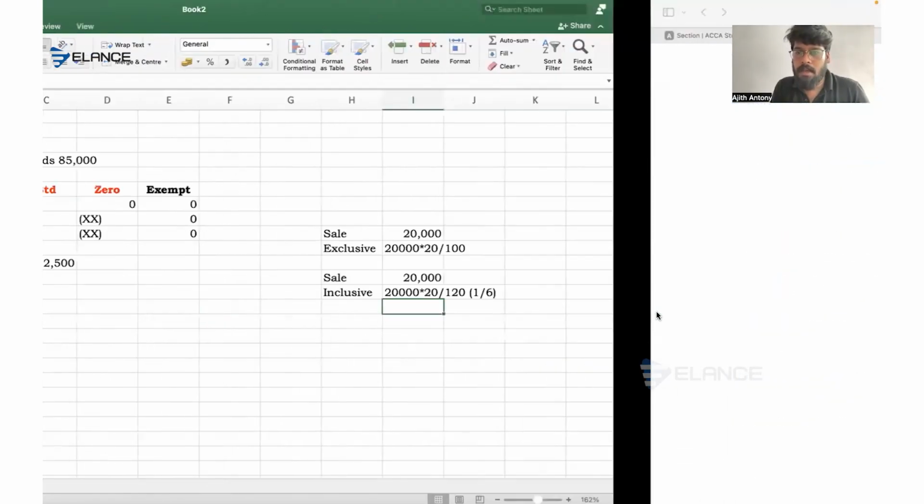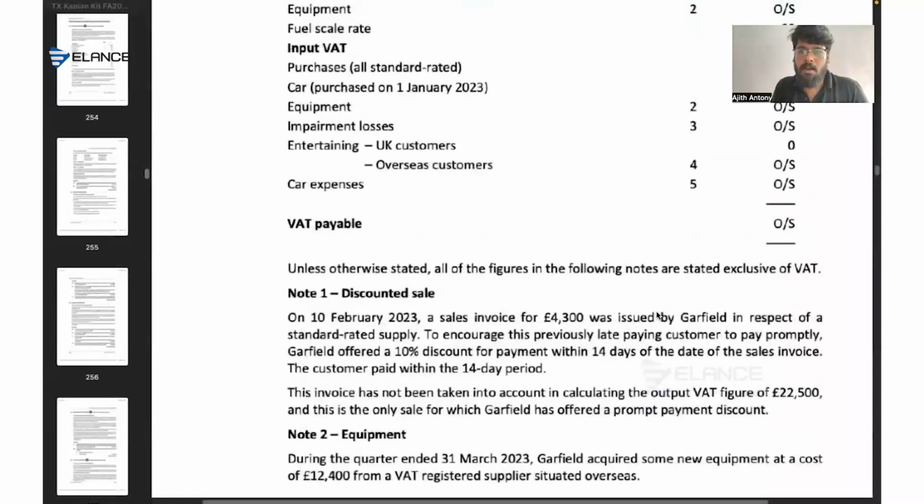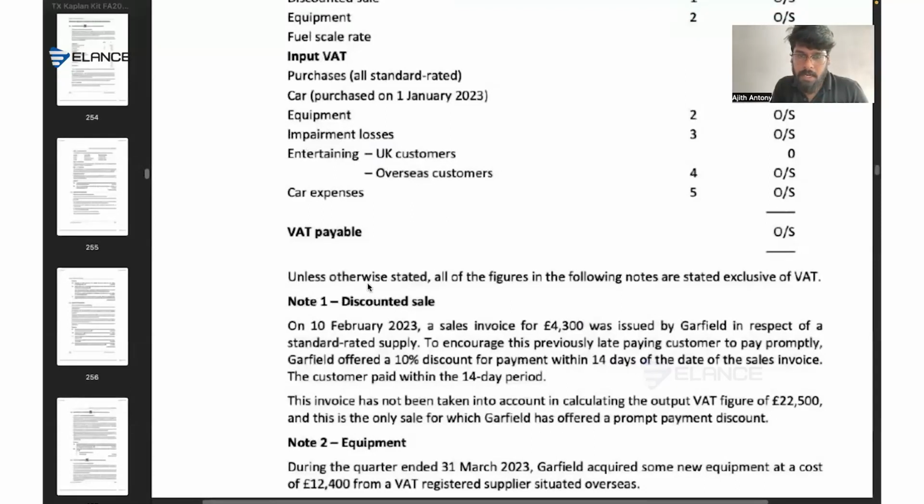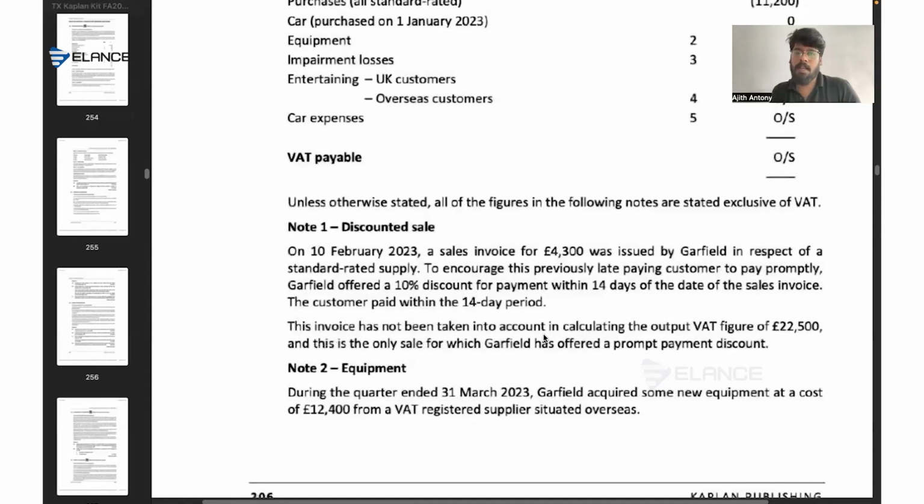So let us check. In this question, look at this statement: unless otherwise stated, all of the figures in the following notes are stated exclusive of VAT. Unless it is stated that it's inclusive, we can consider all the amounts in the notes as VAT exclusive amounts.